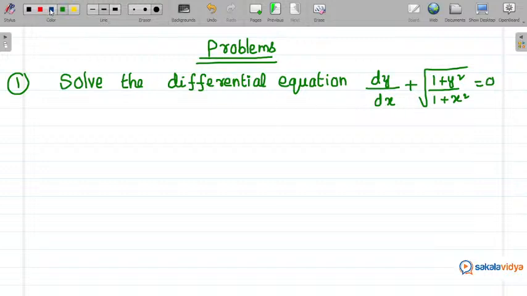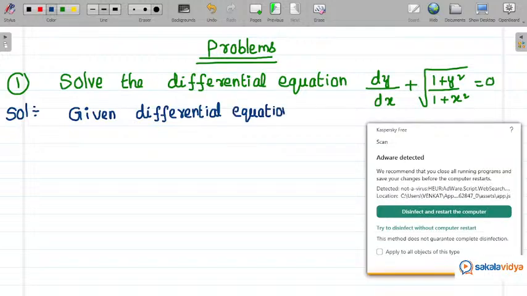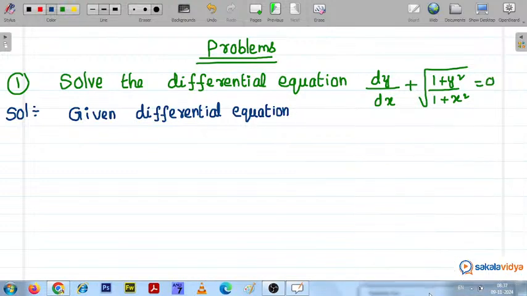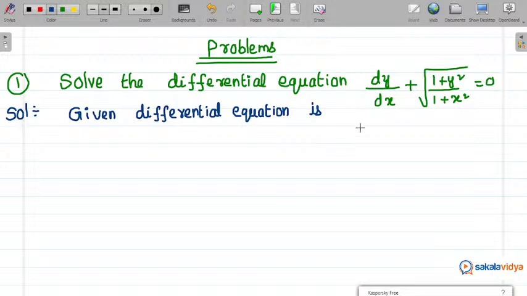So, now let us try to solve this question. Solution. Given differential equation is dy by dx plus root of 1 plus y square upon 1 plus x square equal to 0.